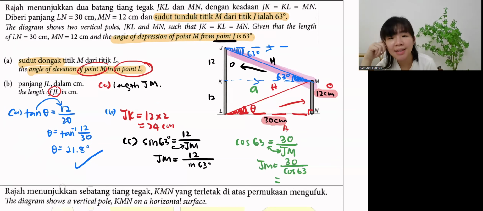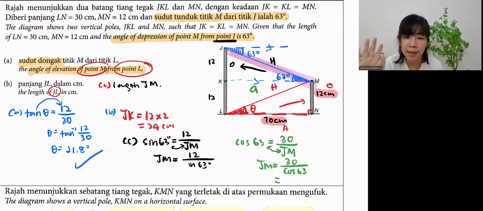Okay, I think the angle not logical. Something wrong with the question, not the method. No problem, guys. No matter what method you are using, as long as the numbers are logical, you will get the same answer. But here, obviously, if I use Pythagoras theorem, I get a different answer. I use sine, I get a different answer. I use cos, I get a different answer.